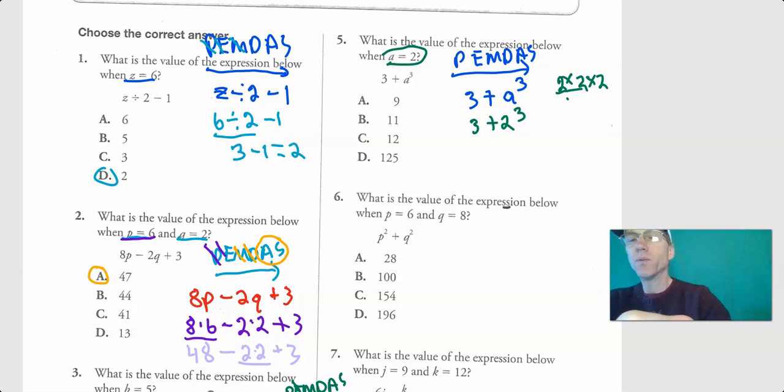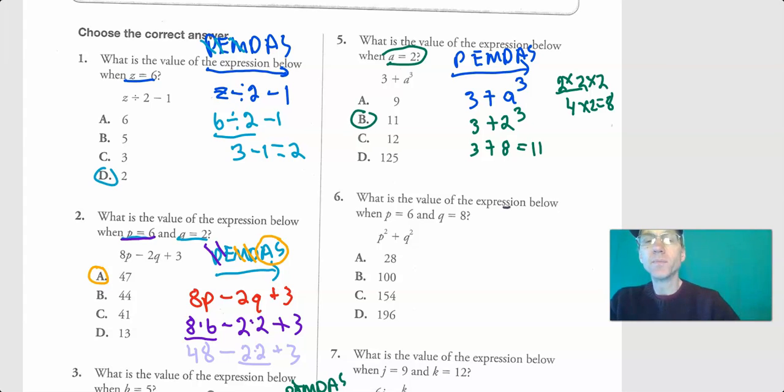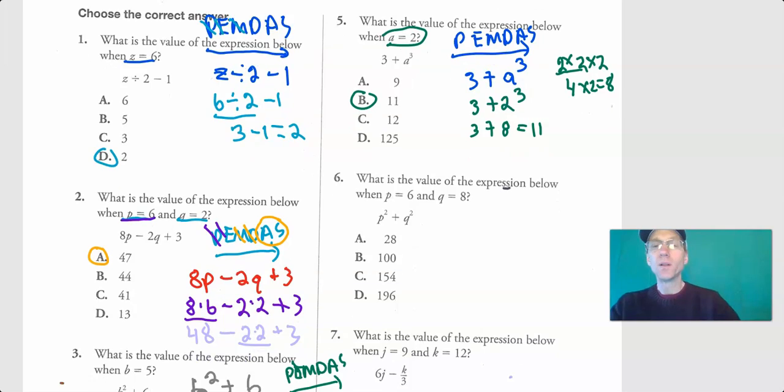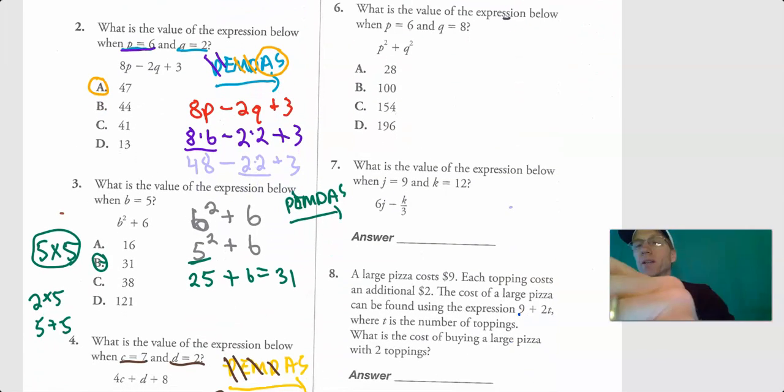So this is 3 plus 8, and that's going to equal 11. Again, you can pause and go back and take a look. I'll just keep moving here for the sake of time.